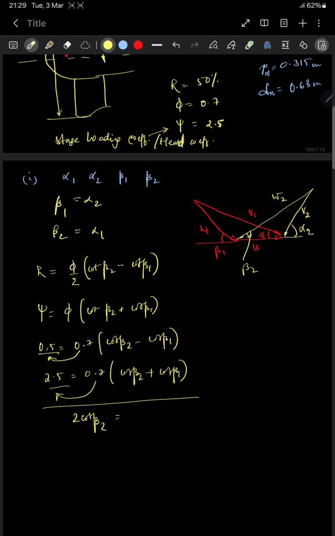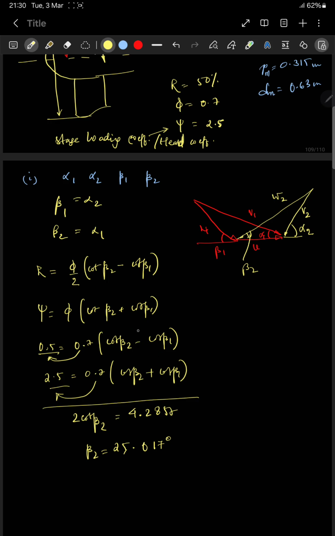Adding these two, we have 4.2857 divided by 2, 1 divided by answer, shift tan inverse. We have beta 2 is 25.017 degrees.